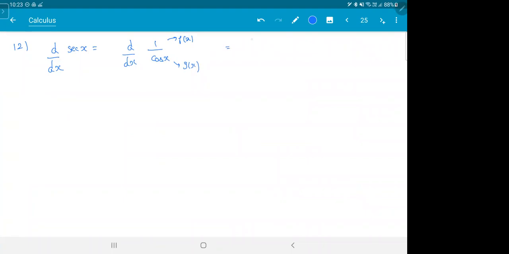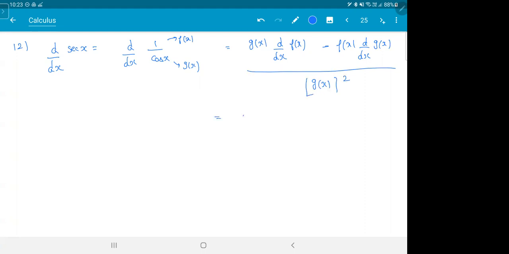When you put it in the formula, g of x differential of f of x, minus f of x differential of g of x, by g of x whole square. So g of x is cos x, f of x is 1, and g of x whole square is cos square x.